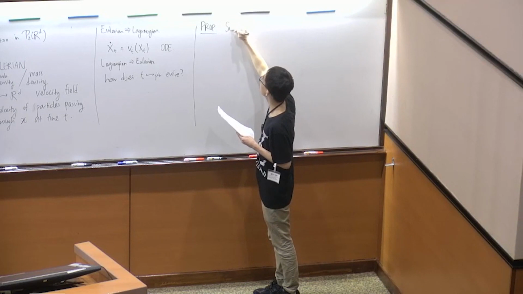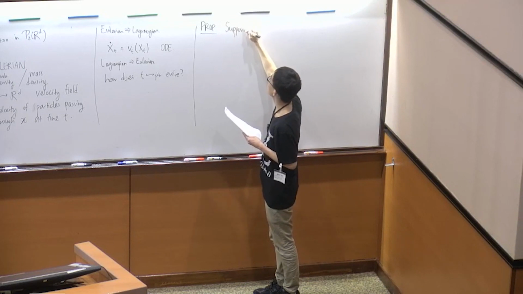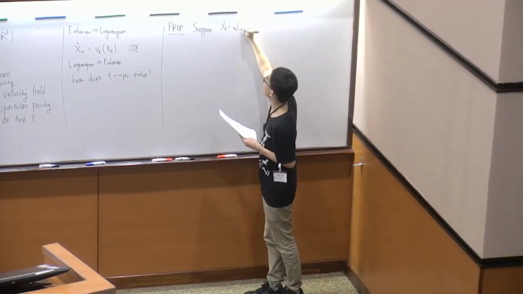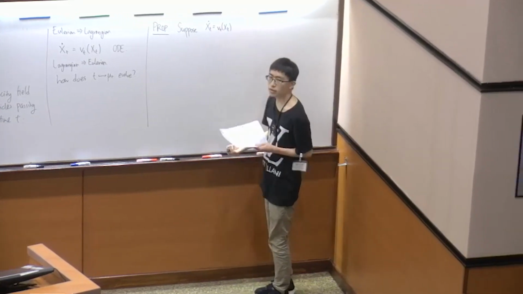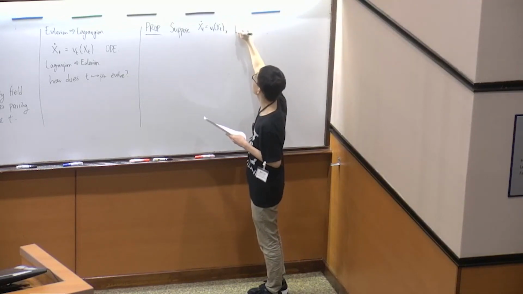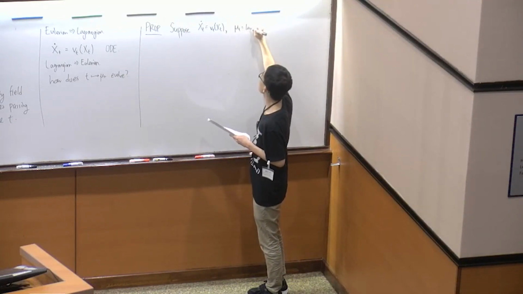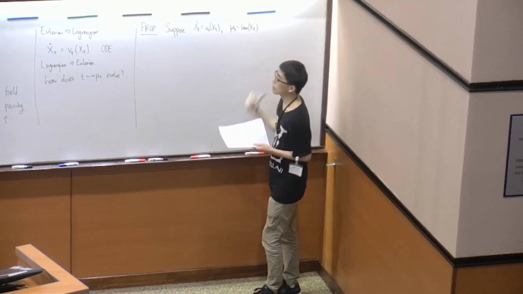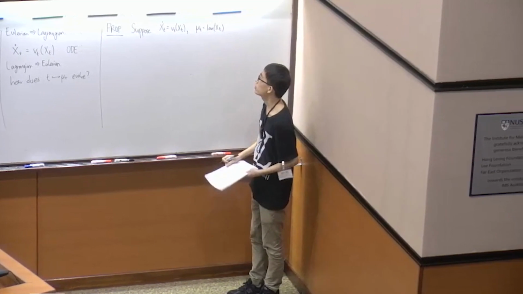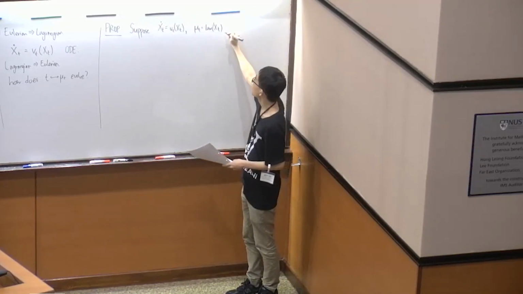So suppose that my particle trajectories are evolving according to these vector fields Vt. And let's suppose that mu t is describing the mass density, or equivalently the probability density of this random variable if you want to think probabilistically.